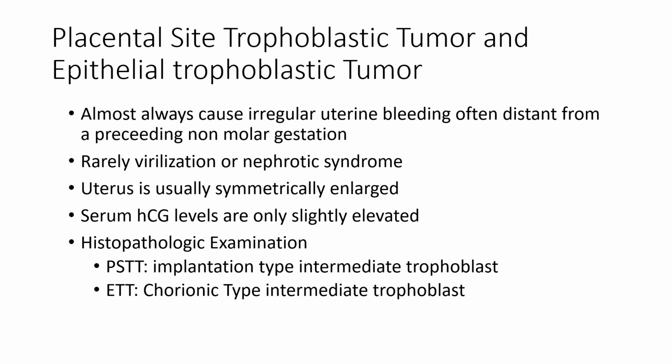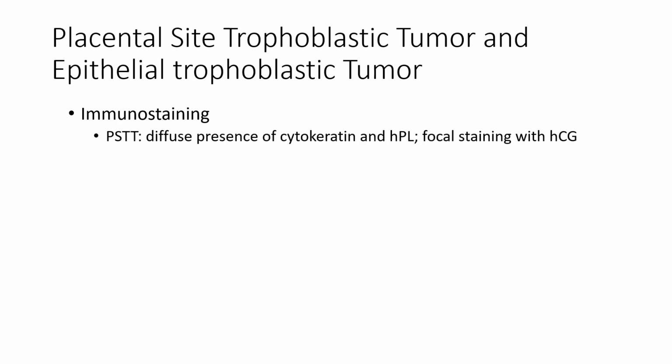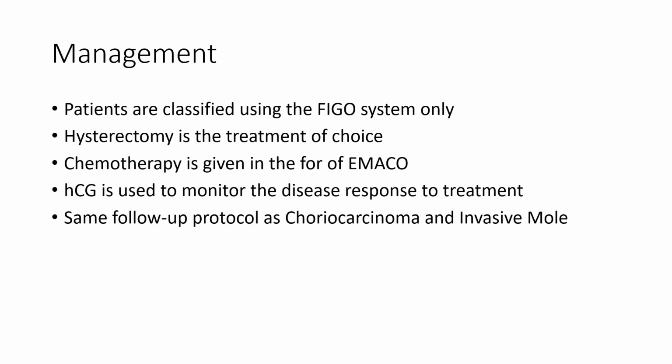On histopathologic examination, PSTT would show implantation type intermediate trophoblast, while ETT would show chorionic type intermediate trophoblast. For immunostaining, PSTT would have a diffuse presence of cytokeratin and human placental lactogen with focal staining with HCG.